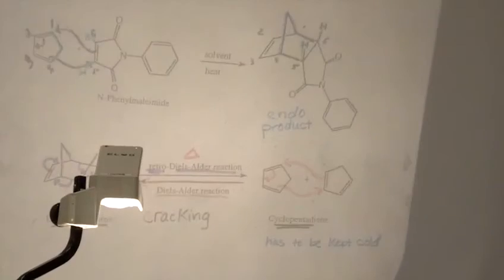So our reaction this week, this is our dienophile here, okay? So even though it's symmetrical, we basically have 2 electron withdrawing groups here on the N-phenylmaleimide, okay? And our diene is cyclopentadiene.